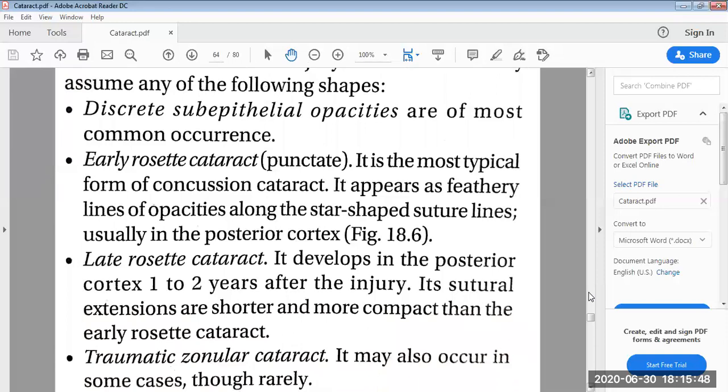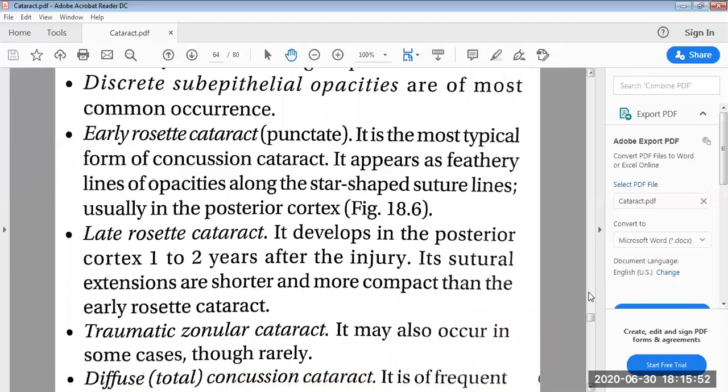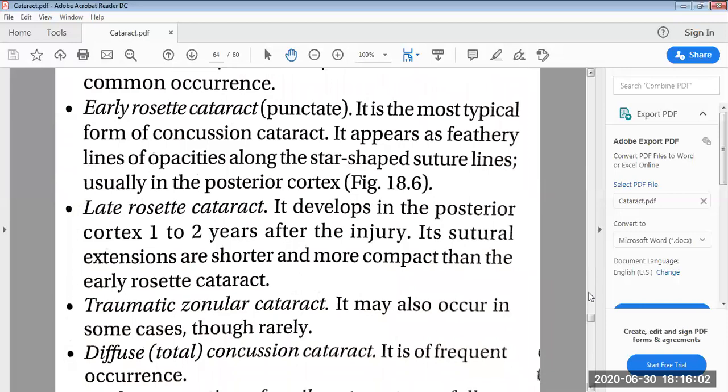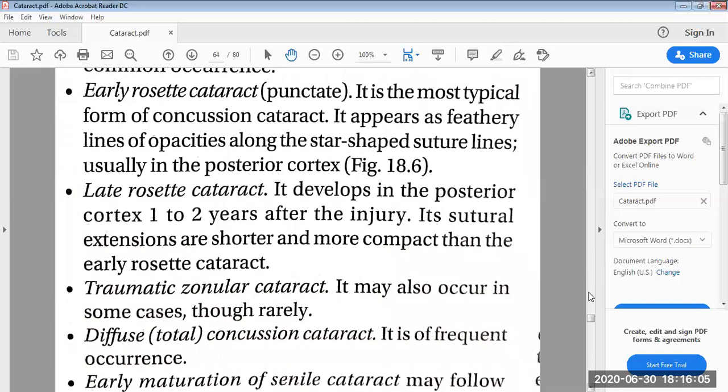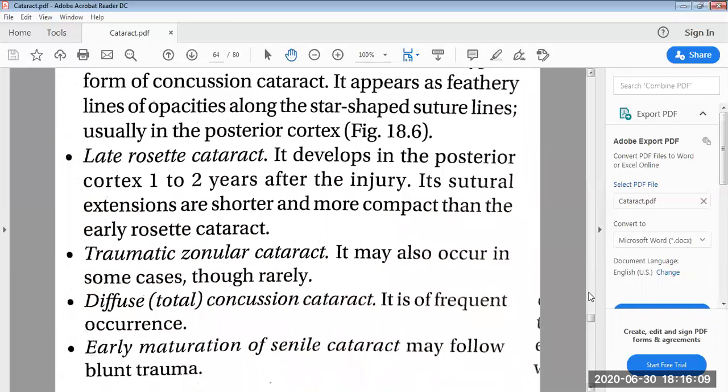Next shape is a late rosette cataract. It develops in the posterior cortex 1 to 2 years after the injury. Its sutural extensions are shorter and more compact than the early rosette cataract. The next is a traumatic zonular cataract. It may occur in some cases, though rarely.